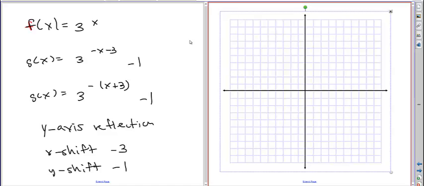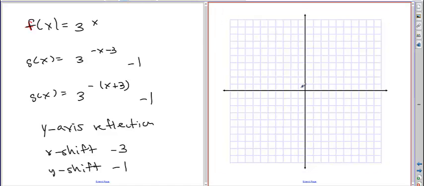So we're going to plot our parent function. So it's 3 to the x, so we're going to go 3 to the 0, 3 to the first, 3 to the second, 3 to the negative 1, 3 to the negative 2. So that's our parent function. Then we're going to draw this axis that we're going to shift. We're going to shift -3 units in the x direction, -1 unit in the y direction.